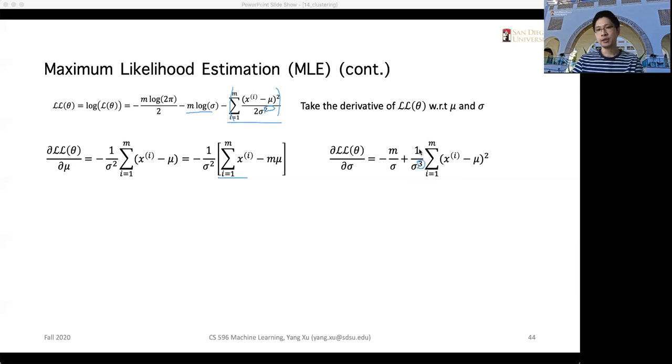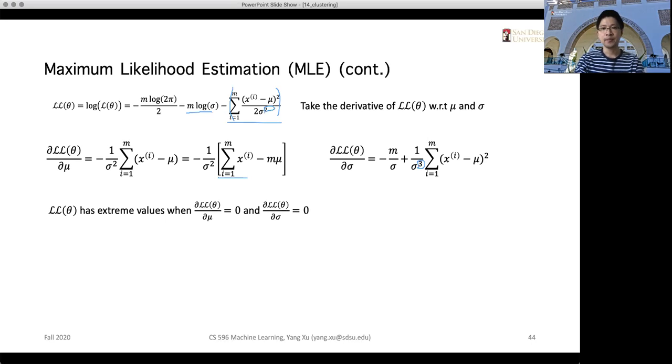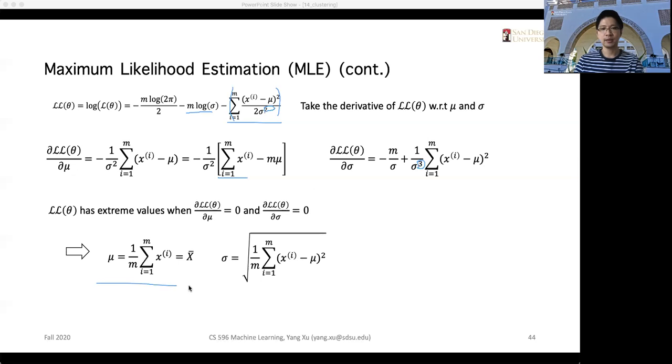So anyway, these are still polynomial terms, and by making these derivatives 0, we can compute the maximum points. So making these two derivatives 0, we can easily compute that the mu is estimated by this way, and the sigma is estimated by this way.